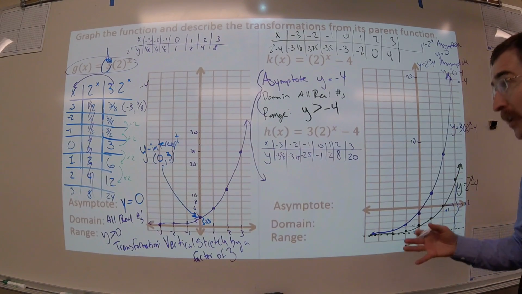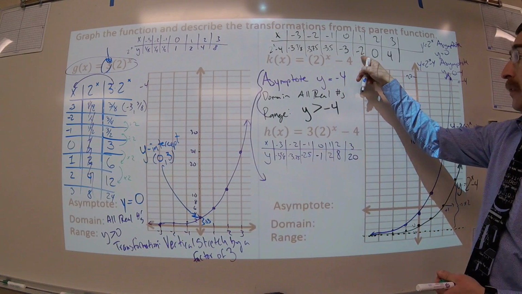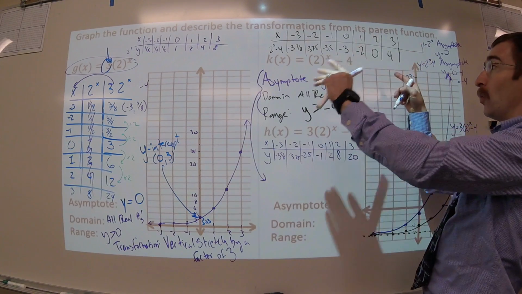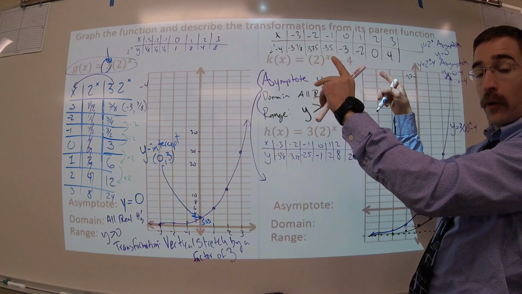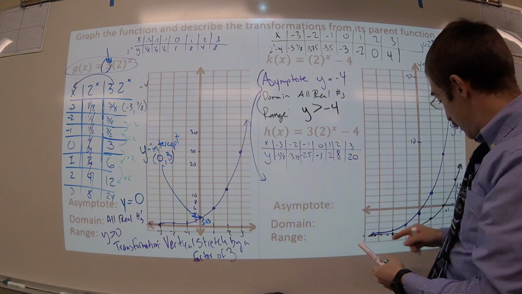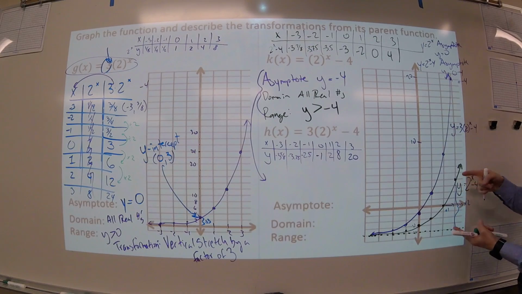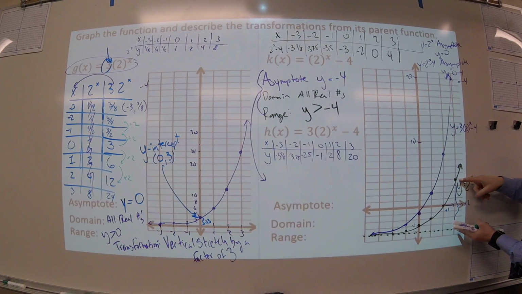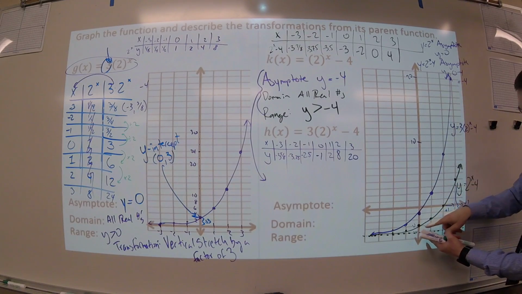It's not the y number that's multiplying by 2, right? 0 times 2 is not 4, but the distance from negative 4 to 0 is 4, and then negative 4 to 4 is 8. That distance here doubles.